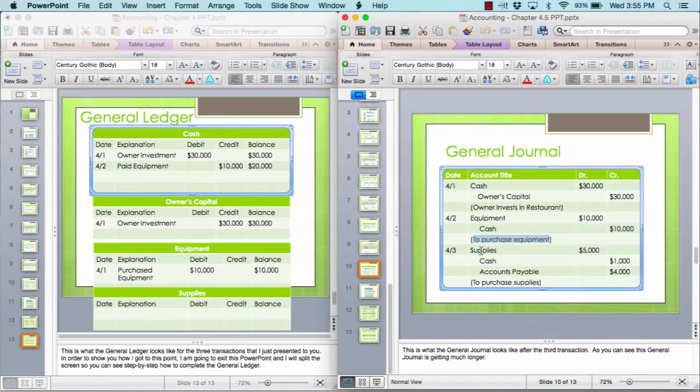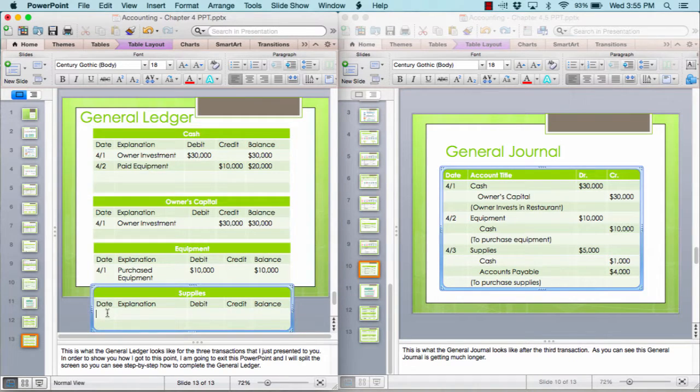Then on April 3rd, our supplies account was affected. There was a debit of $5,000. So we go to supplies, we log it in as April 3rd, and that was because we purchased supplies, so purchase supplies. And that was for $5,000, so our new balance is $5,000.